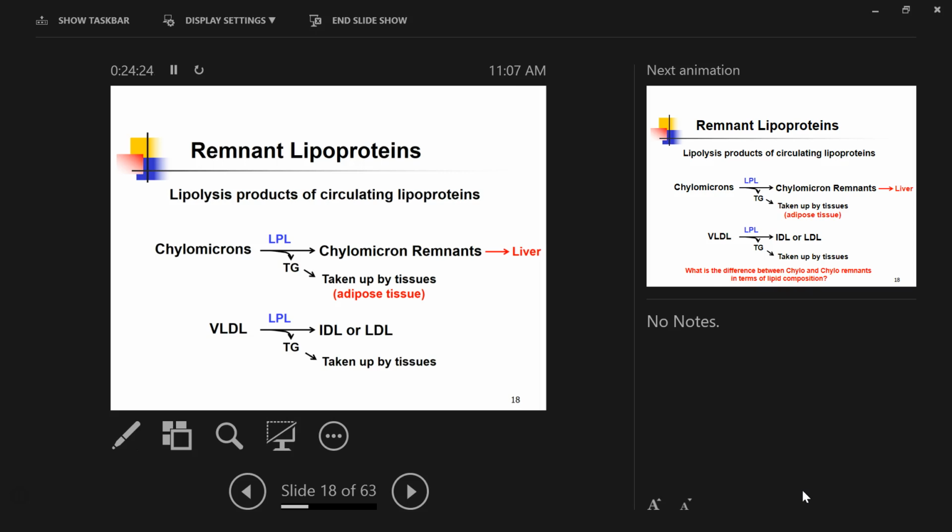VLDL, once it has arrived at the adipose tissue, triglycerides are hydrolyzed by LPL and fatty acids released and picked up by fat tissue. So VLDL can also become a remnant, which is IDL, right? So IDL or LDL is considered the VLDL remnant.